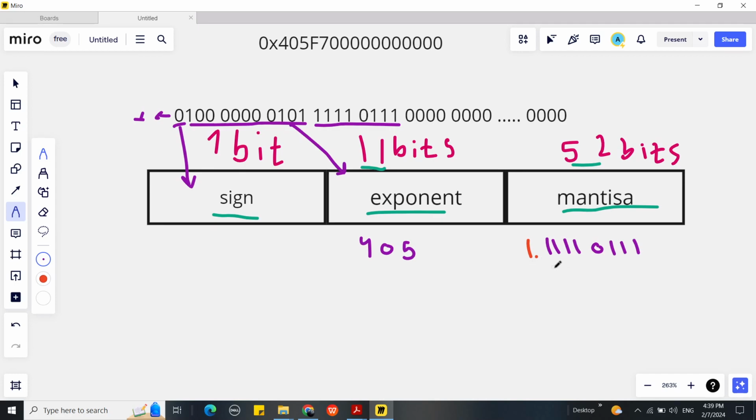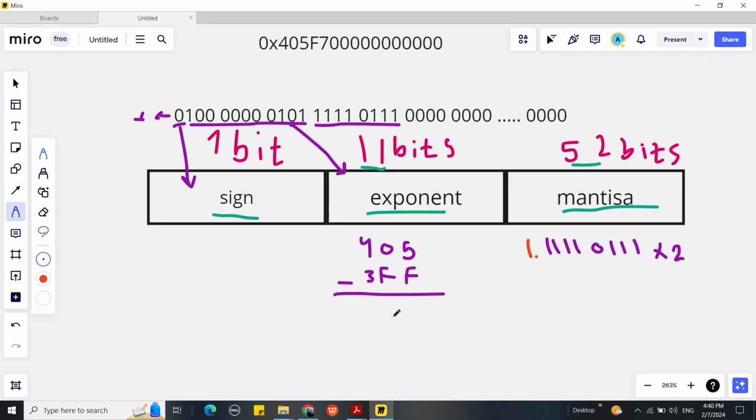This is our mantissa, right? And then it's 2 to the power of something. What is this? We're gonna know when we subtract 3FF, which is the original exponent.